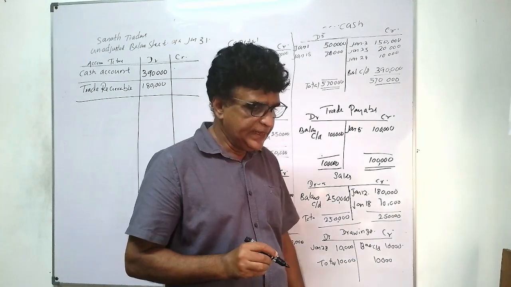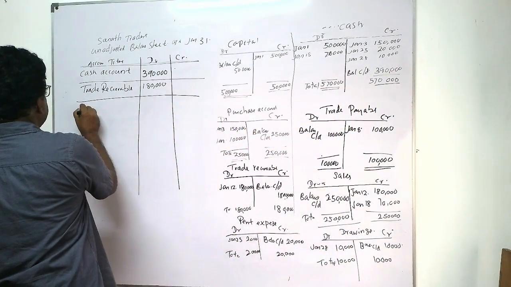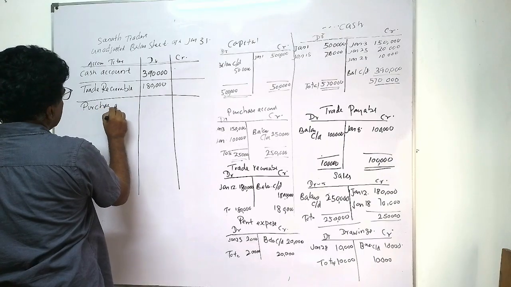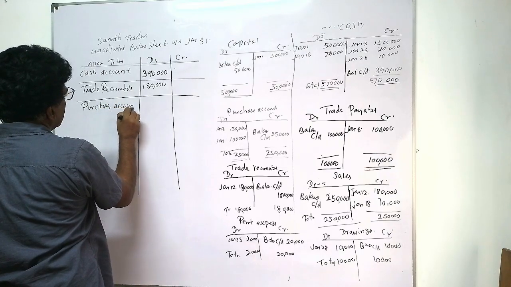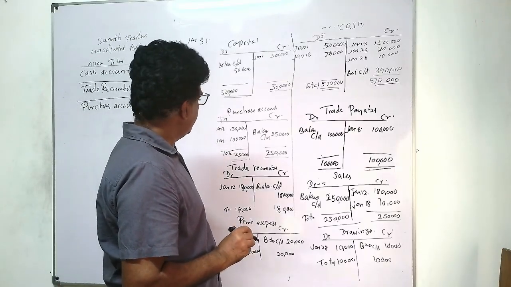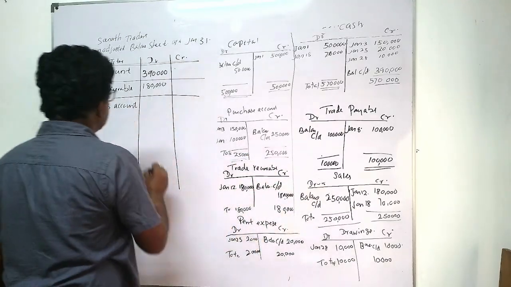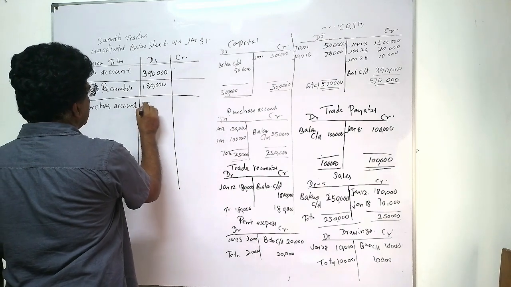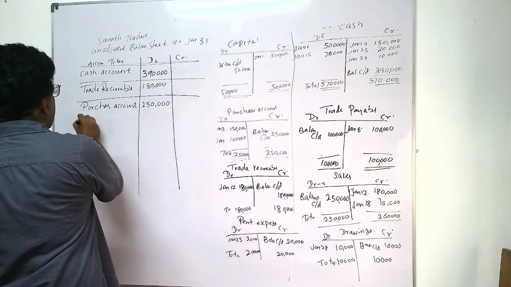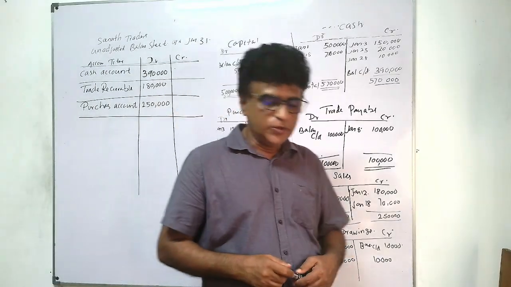And purchase account, we have a debit balance of 250,000.